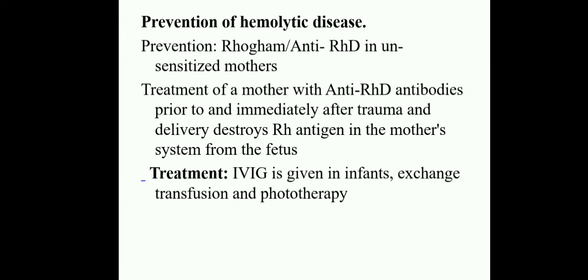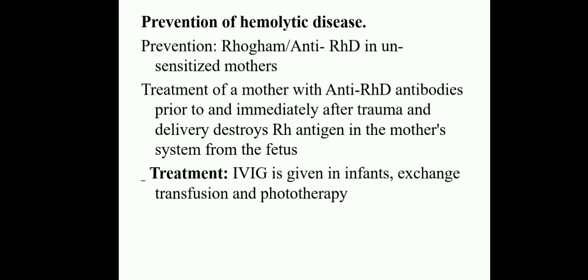This is about the prevention of hemolytic diseases. How do we prevent this hemolytic disease, Rh negative and Rh positive? The prevention is Rhogam: anti-D is administered in unsensitized mothers. Treating the mother with anti-D antibodies prior to and immediately after trauma and delivery destroys the Rh antigen from the fetus in the mother's system.